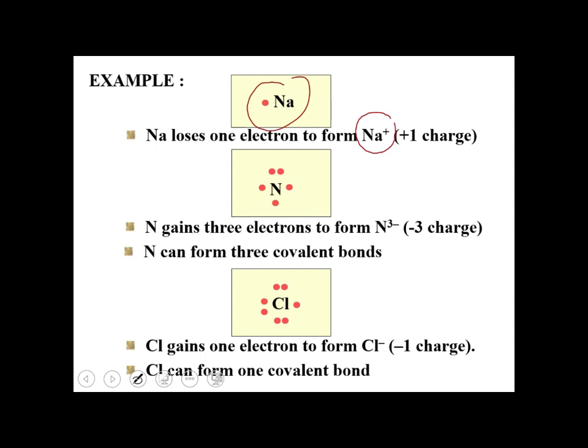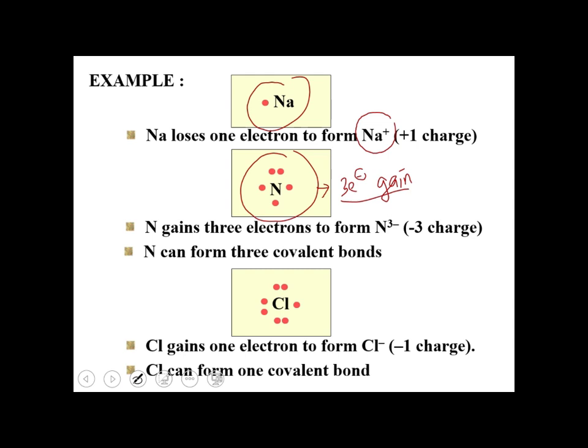Nitrogen has 5 valence electrons. So nitrogen comes from the non-metal group. So non-metals tend to gain electrons or share electrons. So how many more? 3 electrons, it will gain. When it gains 3 electrons, meaning that it receives negative charge from the electrons.